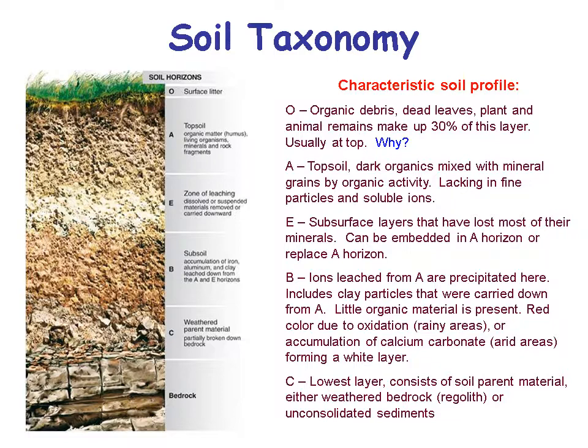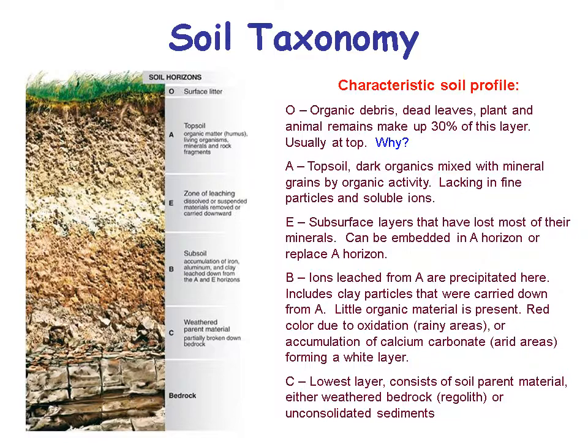Okay, the B layer, well, ions that have leached from A are precipitated there. It includes clay particles that were carried down from A. There's not much organic material there. There's oxidation, so it tends to be redder, and it tends to be bright orangey red in rainy areas, or in the part of Oklahoma between Tulsa and Oklahoma City, which is bright red.